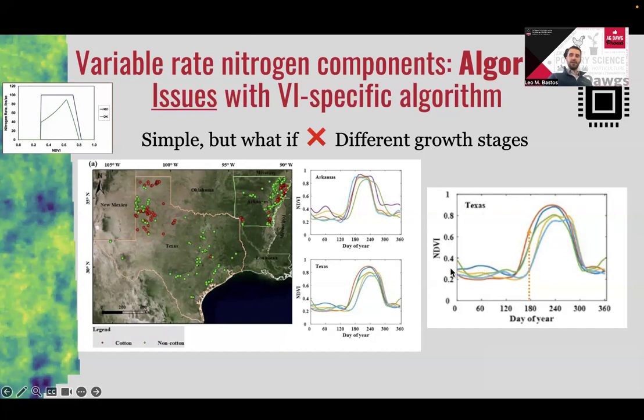For each trial, in this case in Texas, we see a line of day of year on the x-axis and NDVI on the y-axis. If we just look at the orange line, if I come at 180 days of the year, it's going to have a given NDVI. And if I come a little bit later, it's going to have a different NDVI. Now, is this because of nitrogen stress? It could be, but most likely not. It's just that the crop is growing and therefore increasing in biomass, whether it's nitrogen stress or not.